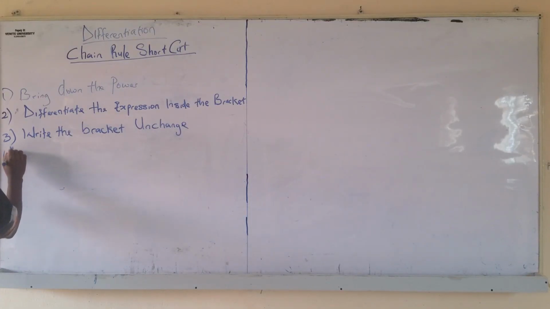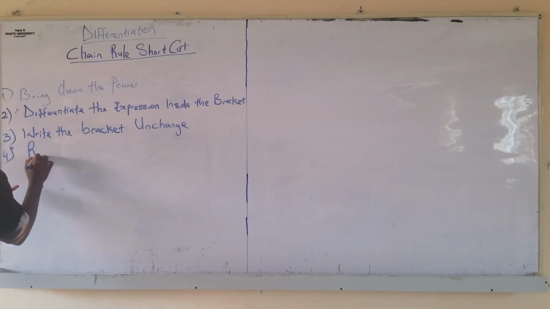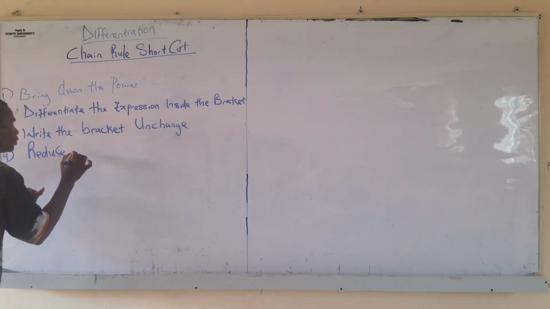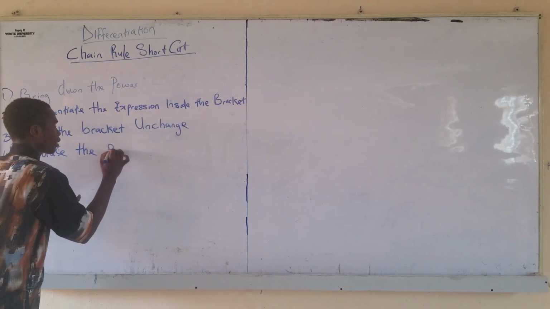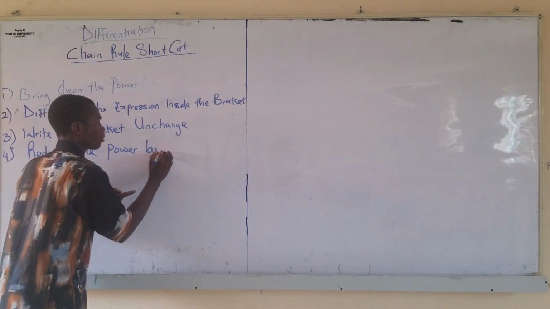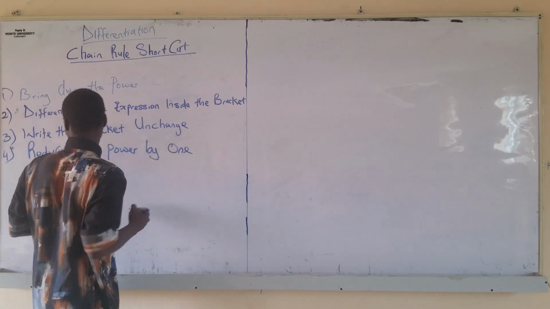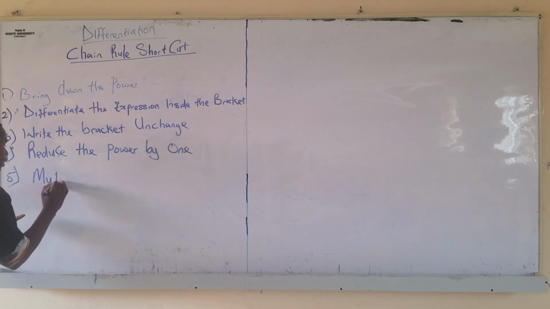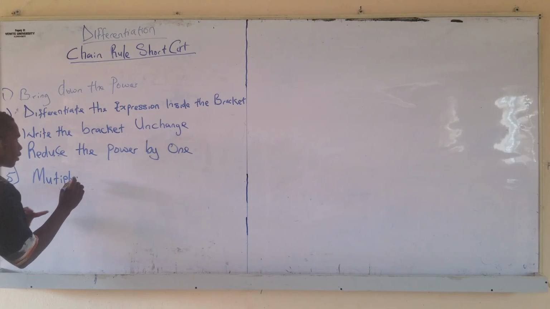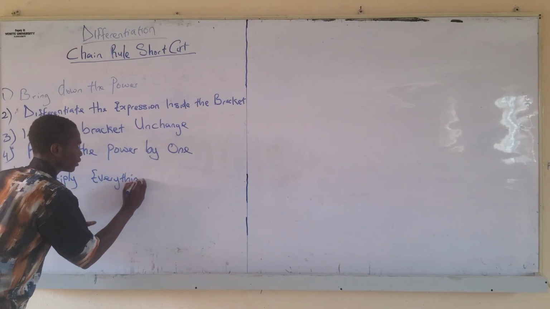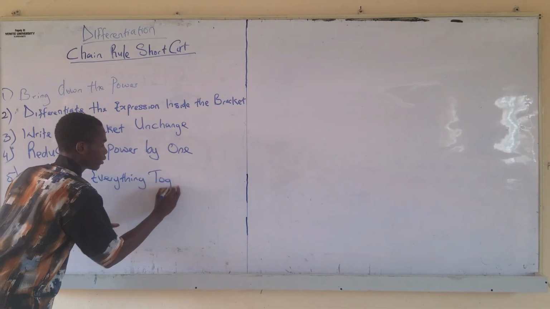The fourth step, reduce the power by 1. Right, fifth step, multiply everything together.